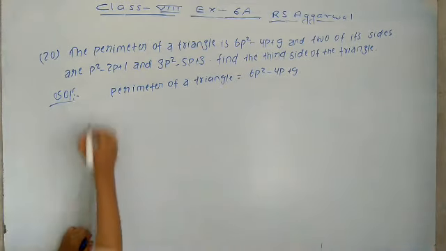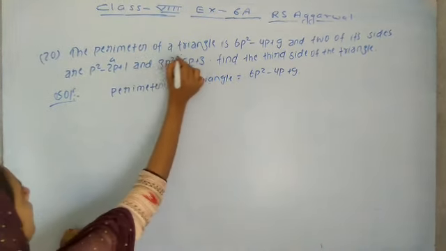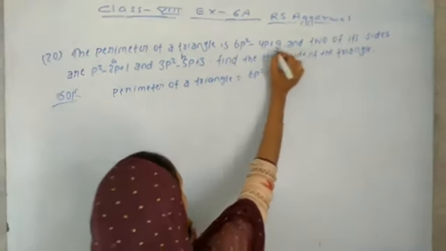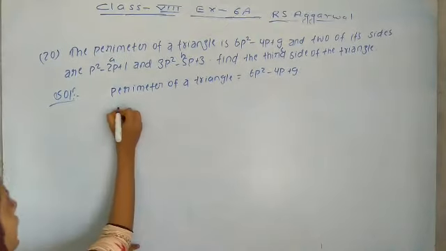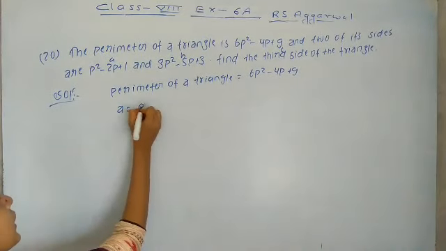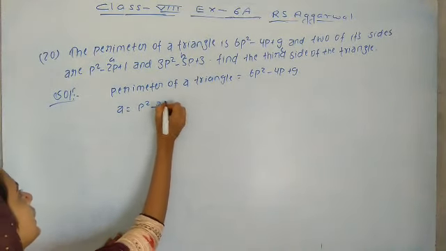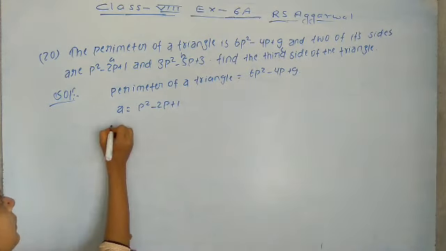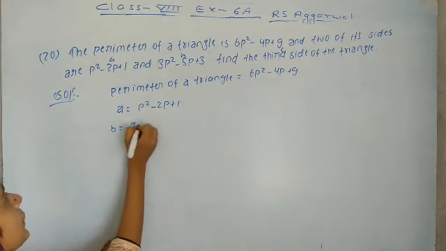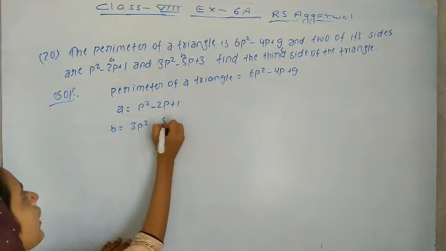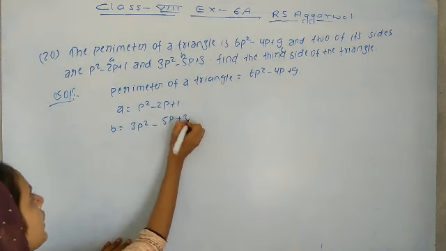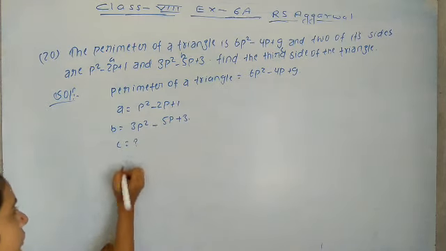So we can write this as side A and side B, and we have to find the third side C. So A is equal to p square minus 2p plus 1 and B is equal to 3p square minus 5p plus 3. Then C is unknown.